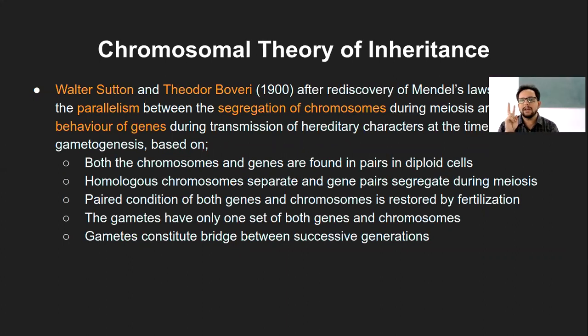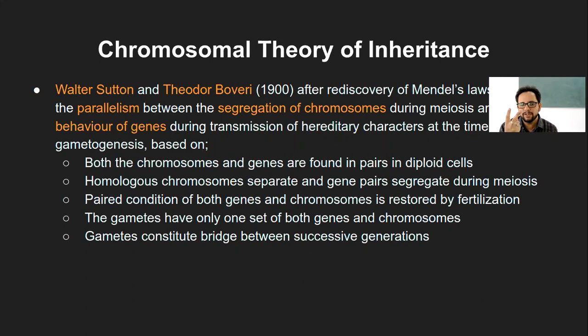This particular correlation was established by these two, and certain facts that they took into consideration were that both the chromosomes and the genes are found in pairs in a diploid cell. That we already know, when we have a diploid cell, that is two sets of chromosomes, they will have both the chromosomes and both the genes. Again, for example, chromosome number 1 from father, chromosome number 1 from mother.